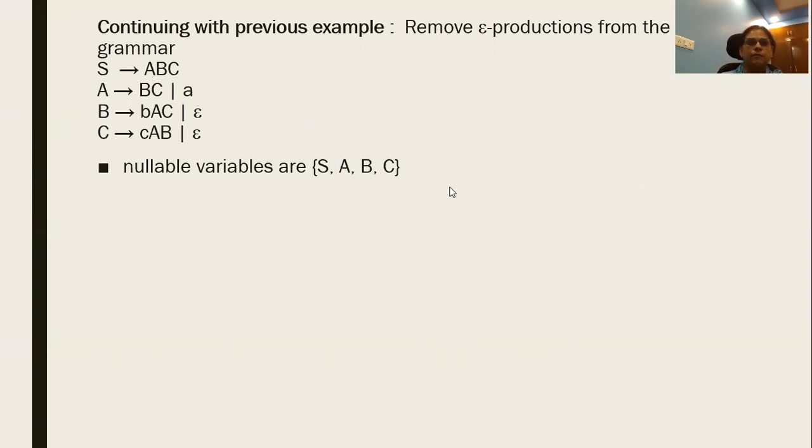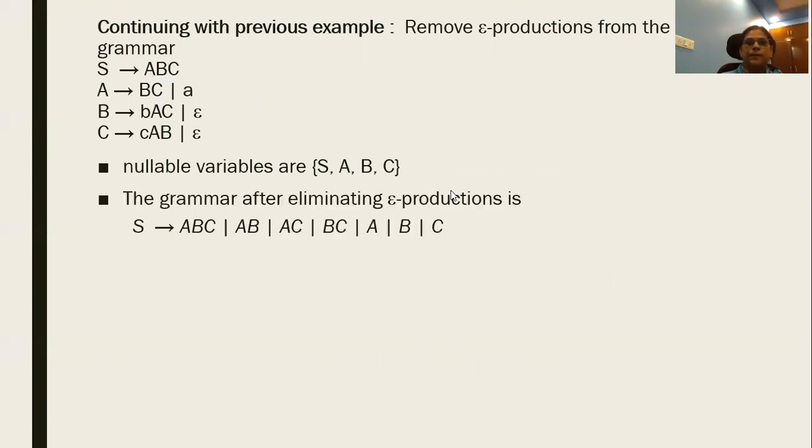Hence, we replace this one production by seven productions, giving us all the combinations: all three not null, C null, B null, A null, B and C null, A and C null, and A and B null.